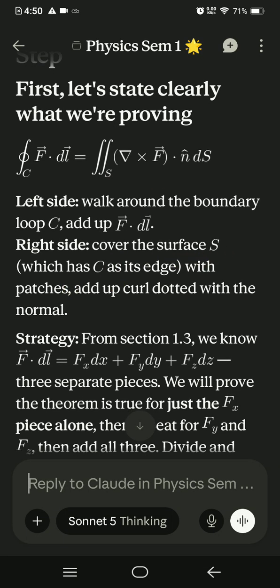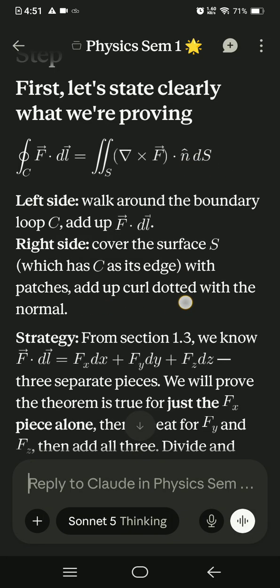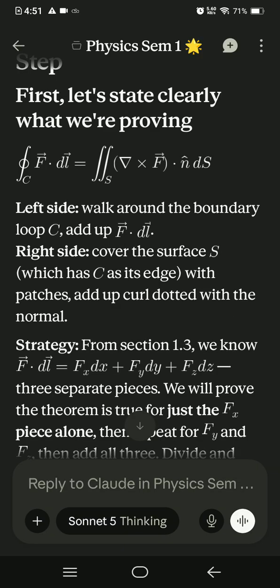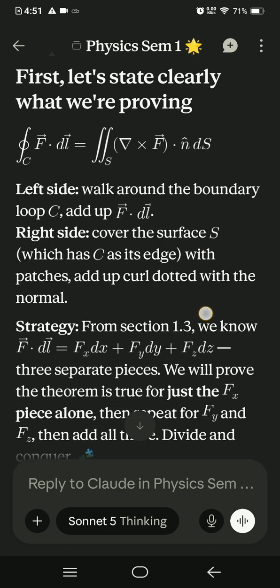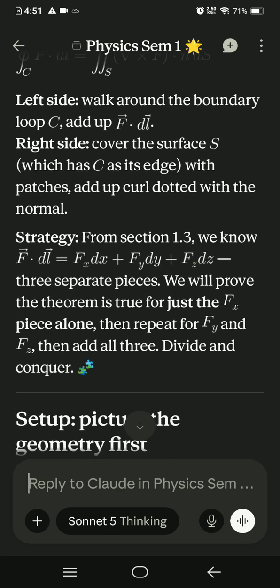which has C as its edge, with patches dS, add up curl dotted with the normal. I seriously don't know what is going on in a strategy.